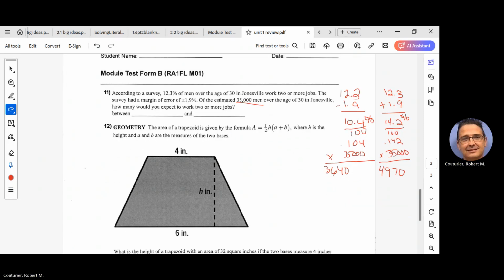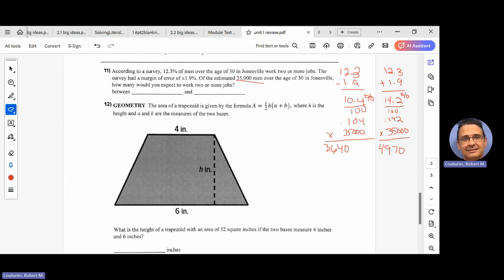Our last question is about the area of a trapezoid. And look, they gave us the formula. H is the height, and A and B are measures of two bases. Okay.